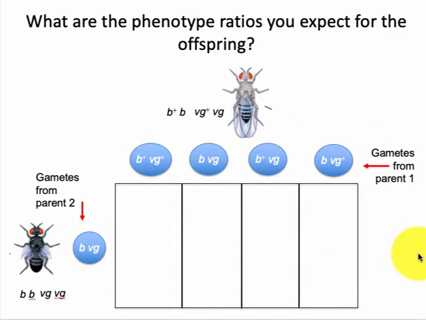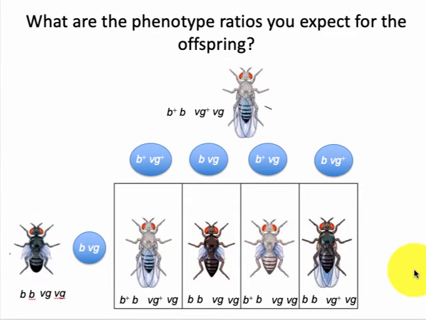So those are the 4 possible gamete combinations once this fruit fly lays its eggs and this other fruit fly puts the sperm to fertilize those eggs. What are the possible combinations that could happen? And here we have the possible offspring that will be formed from those combinations of gametes. At what ratios do you expect each of these genotype and phenotype combinations?